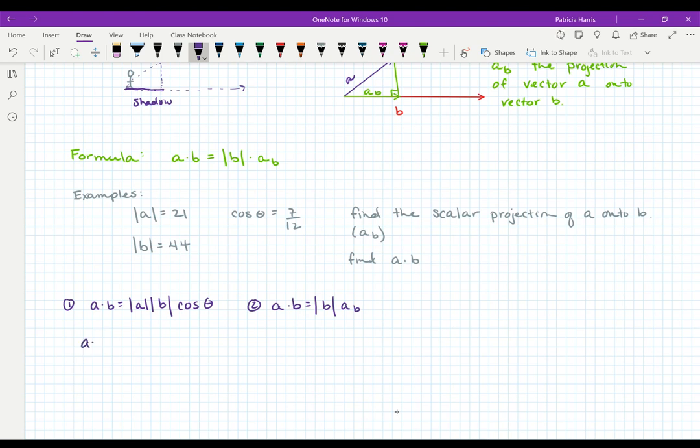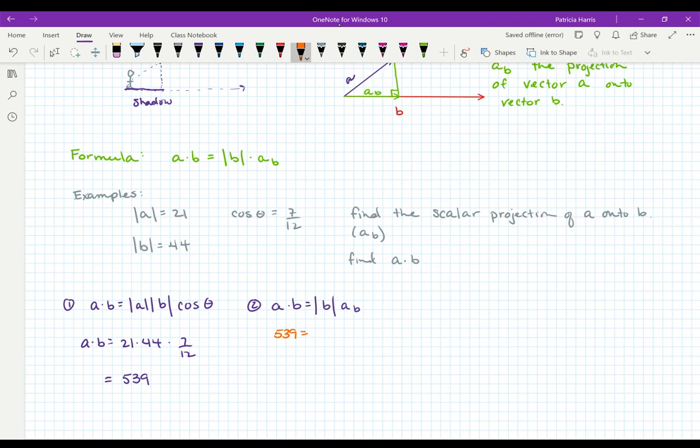So A dot B is 21 times 44, magnitude times the magnitude, and cosine of theta is given as 7 over 12. So we can just kind of pop that in. Okay, and then we're going to use our calculator. And we get 539. Okay, so that's A dot B. Now we can take the dot product that we just found.